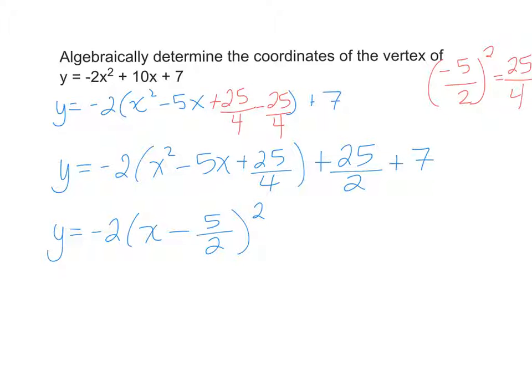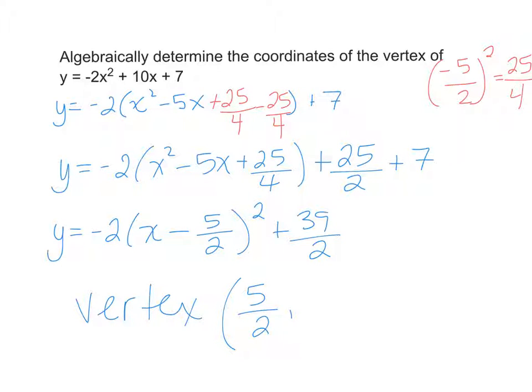And then I can add 25 over 2 and 7, which is 39 over 2, or 19.5. The question asks, what are the coordinates of the vertex? Positive 5 over 2 and 39 over 2. That's the vertex.